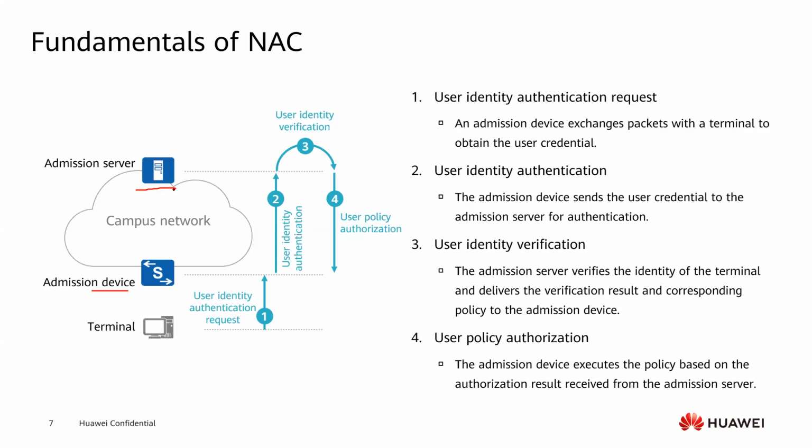When the admission server receives the identity, it verifies whether the terminal is valid or not. If it is a valid terminal, it sends the authorization information to the admission device. Then when the terminal wants to access our network resources, it receives the authorized ACL and VLANs, and based on the ACL it can reach the specific resources controlled by the ACL.